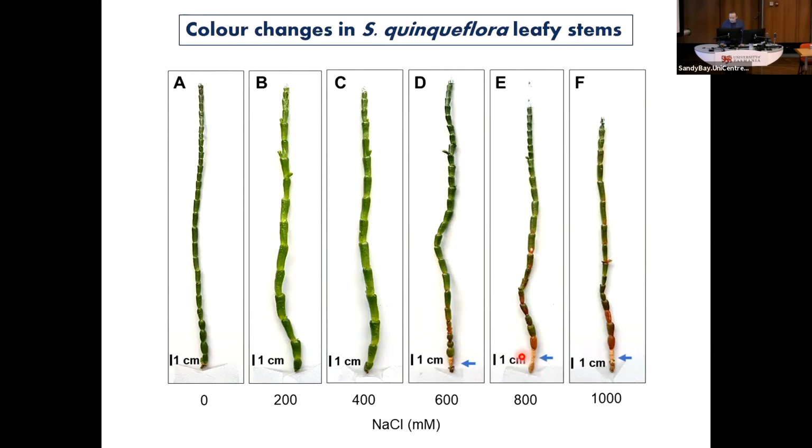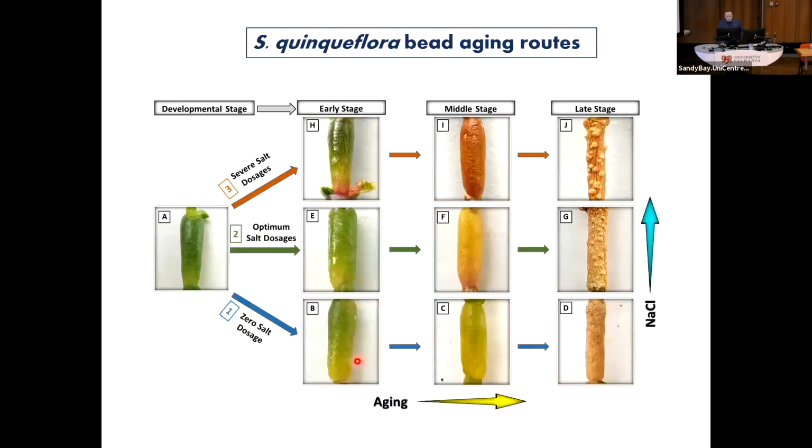The change in the color of the individual beads could be categorized in 3 routes. The first route at 0 salt dosage, where we didn't find any red color development. But the color slightly developed under the optimum salt dosage between 200 and 400, and the color became much more obvious under severe salt dosage ranging between 600 and 1000 millimolar.